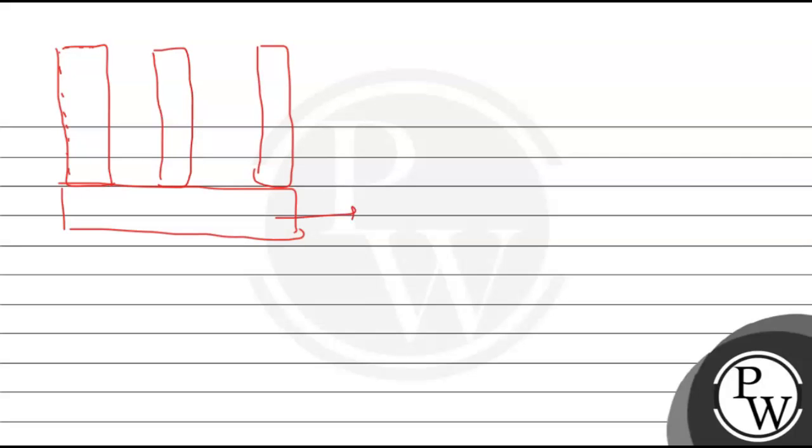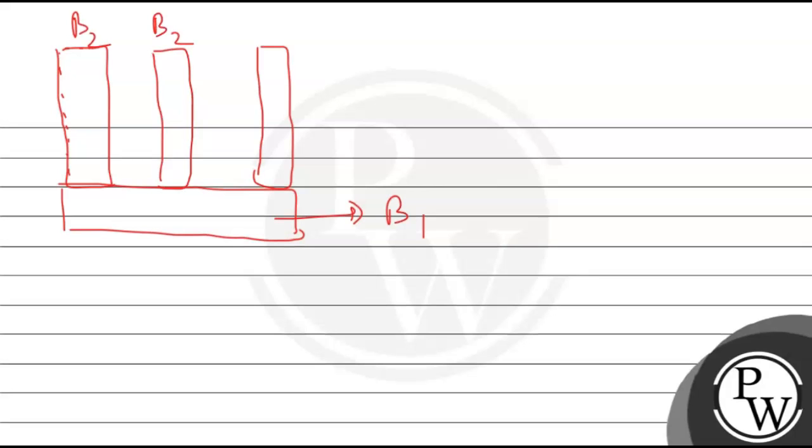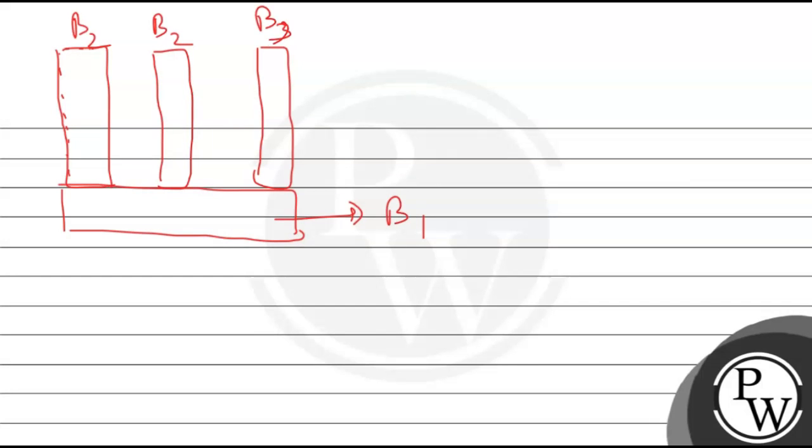So if this is bar B1 and this is bar B2, which is kept at different positions, let us assume the force of attraction between B1 and B2 is F1 in the first case. In the second case it is F2 and in the third case it is F3. So now let us write the properties.